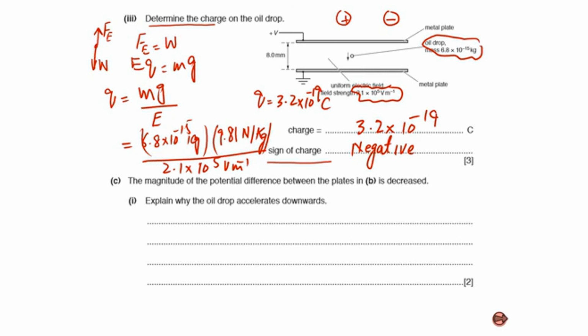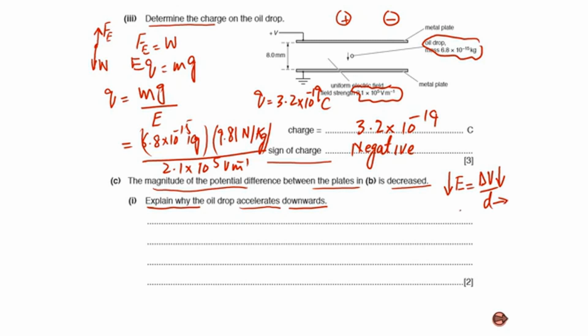Now the next question is asking you to explain why the oil drop accelerates downwards. First of all, it is given to us that the magnitude of the potential difference between the plates decreased. So we need to understand that E, the electric field, is equal to delta V over d. If delta V decreases, E has to decrease if we keep d the same.